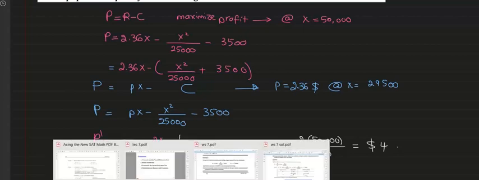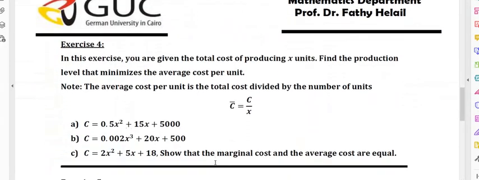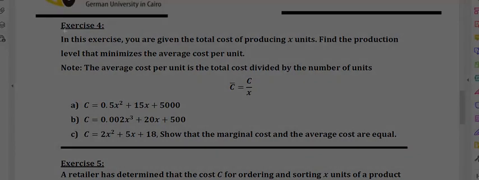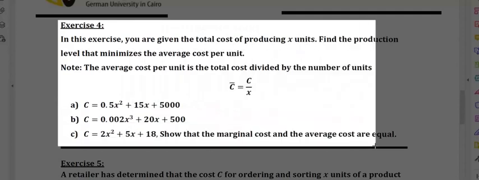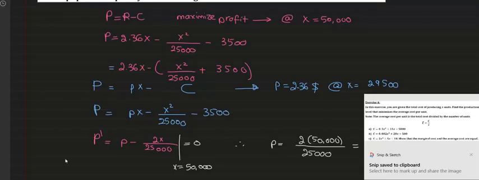Okay, let's move to exercise 4. In this exercise, you are given the total cost of producing X units. Find the production level. We said that the production level is denoting the X value, right?